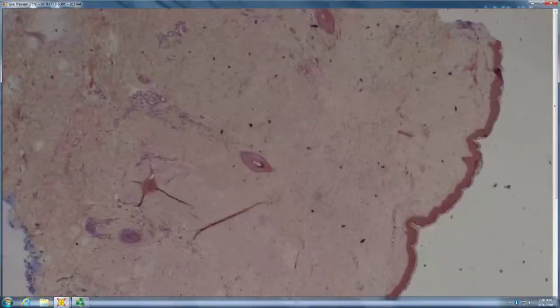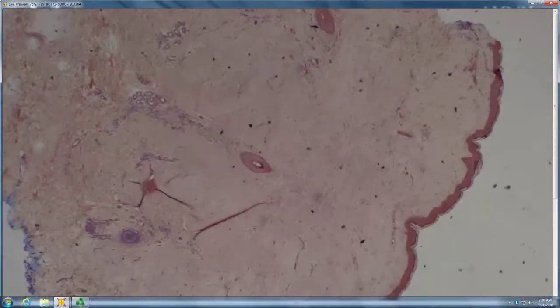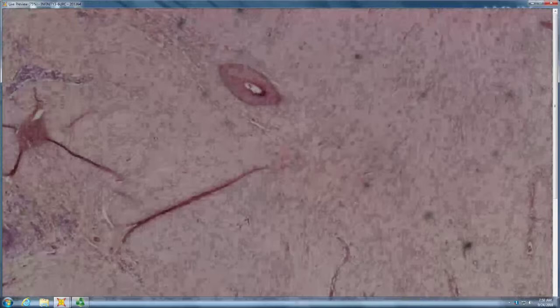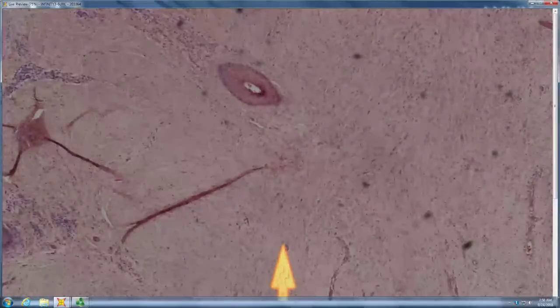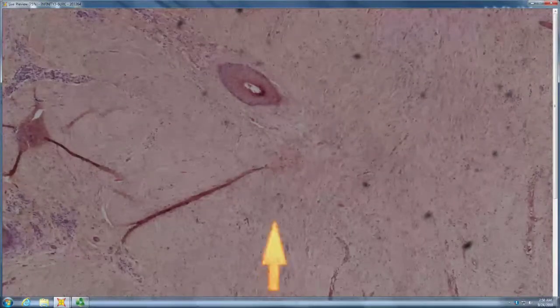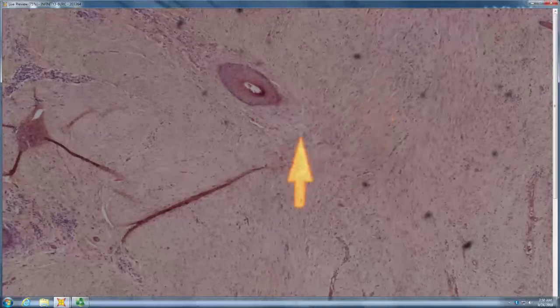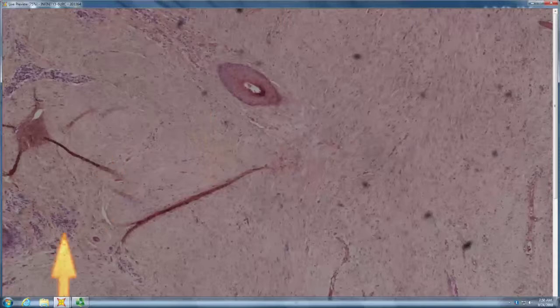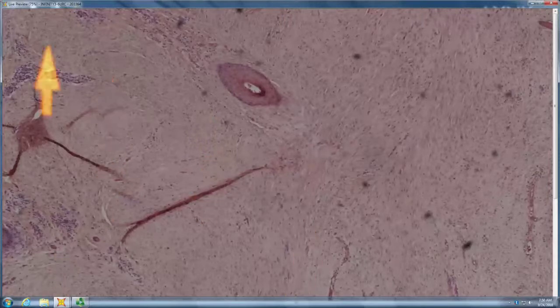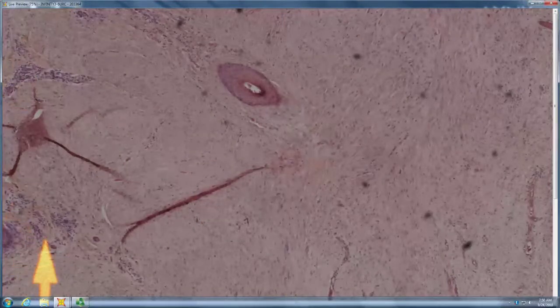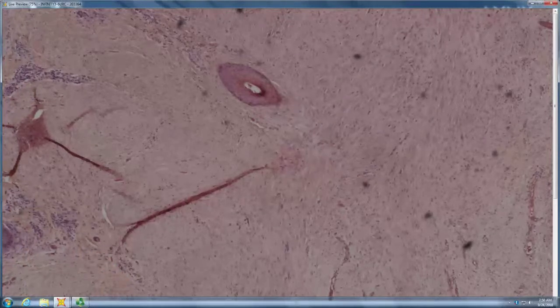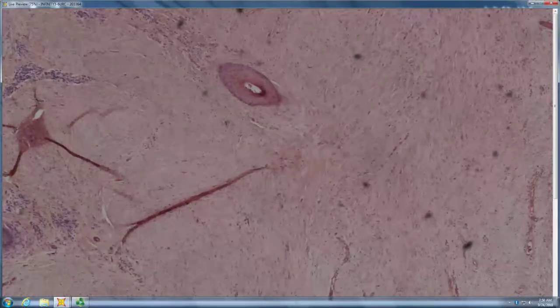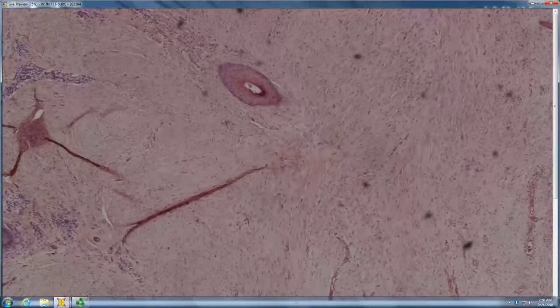It's kind of paucicellular and hypocellular, and the cells that are there are kind of spindle shaped, spindle cells with lots of new ropey collagen forming sort of whorls and nodules. Yeah, it's a scar, like a hypertrophic scar.